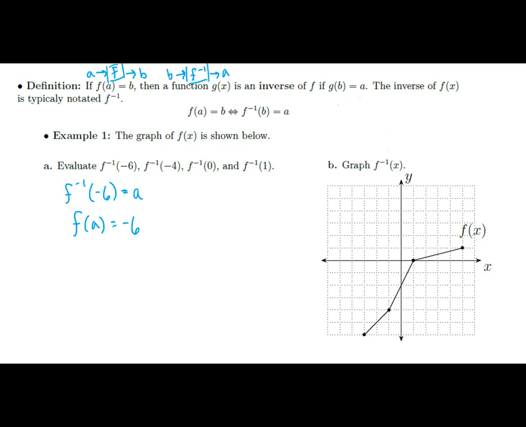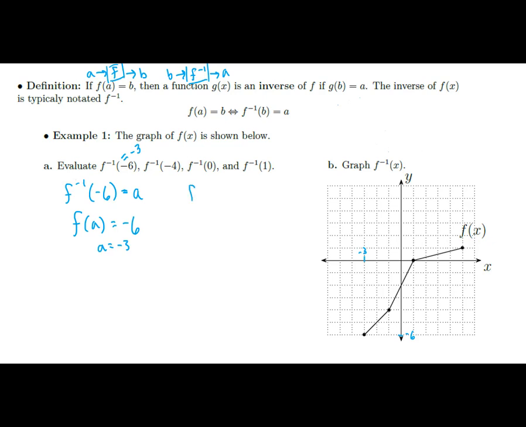Now I can figure that out because I go over to the graph here, and here's -6 on the y, so the output for the function f, and that's happening at x equals -3. So that means that a must in fact be -3. All right, that's our answer for f inverse.